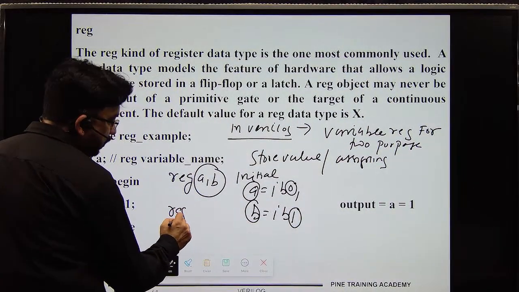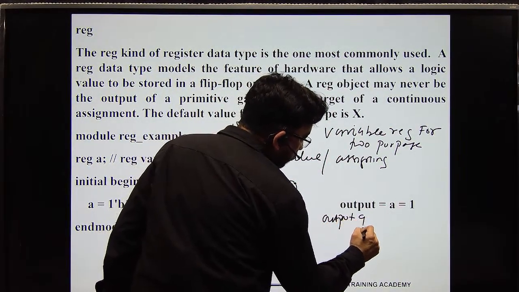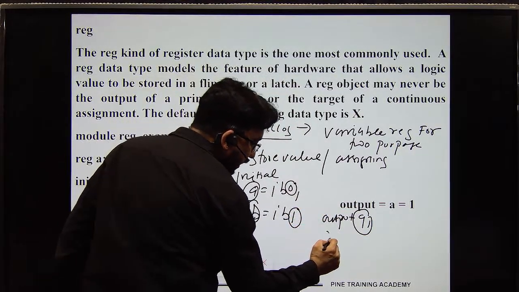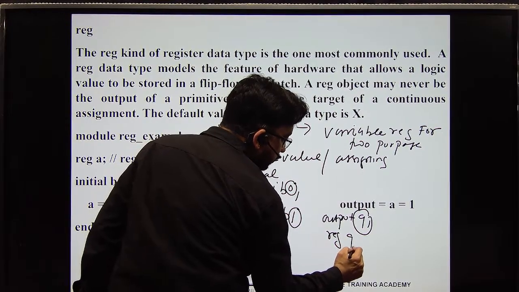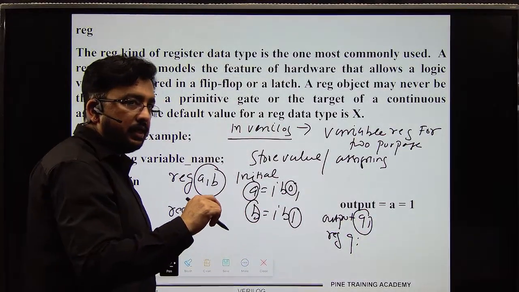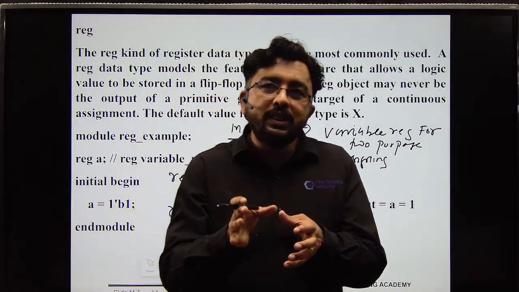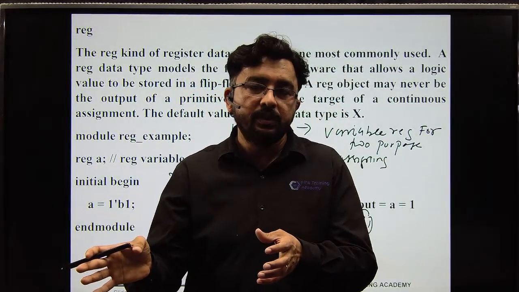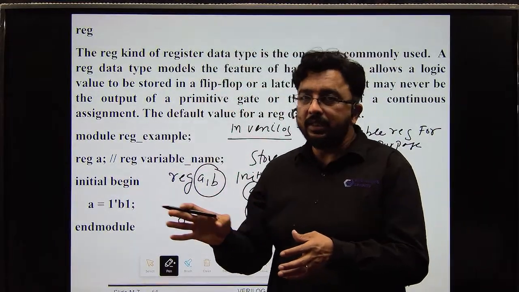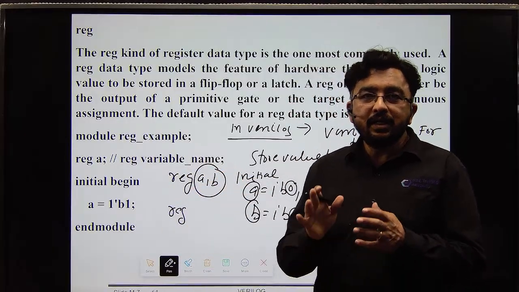For example, output q, the same, you have to declare with the keyword reg also. Why? Because this q is storing the value, and this q can be used as an input as well as the output. That is why this output q is declared as a reg.